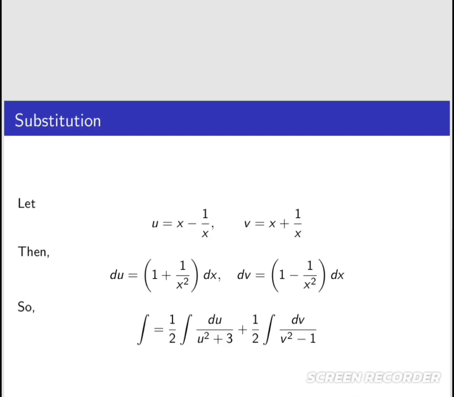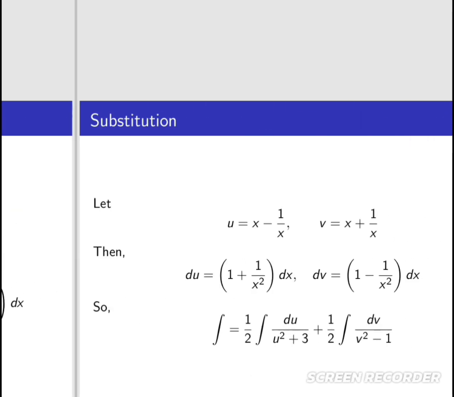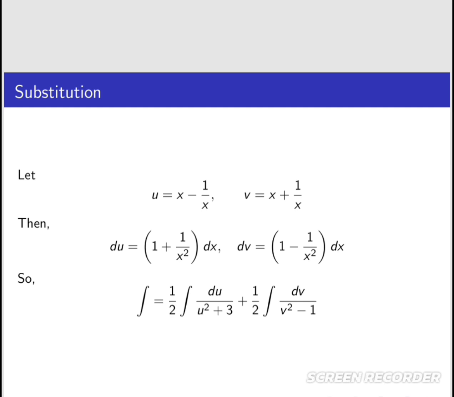Clear? So here this is your term, what is in the numerator. So your integration will be reduced to du by u square plus 3, then dv by v square minus 1, which is easily integrable.